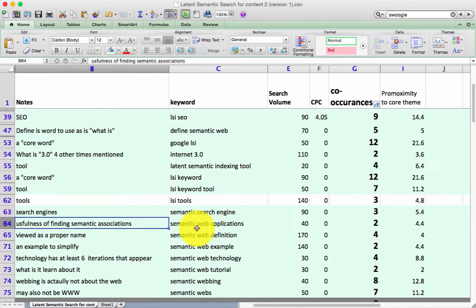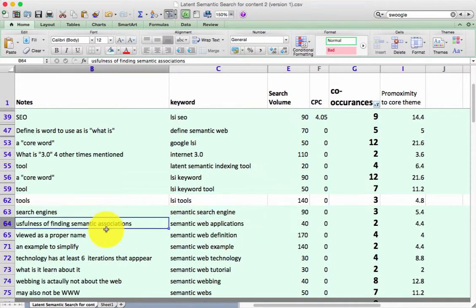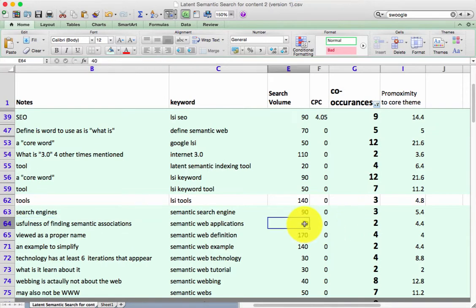For this one, this has to do with applications, and I guess the intent of someone searching for this, although it's a very low search volume, could be that they're trying to find an application as in a program, a software program, and it is small volume.